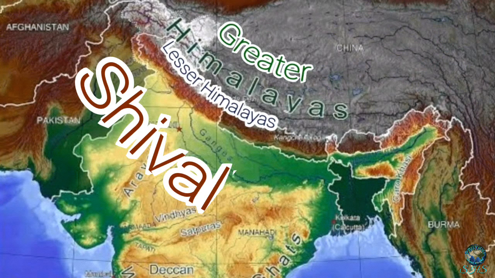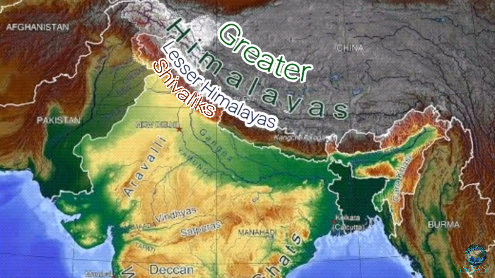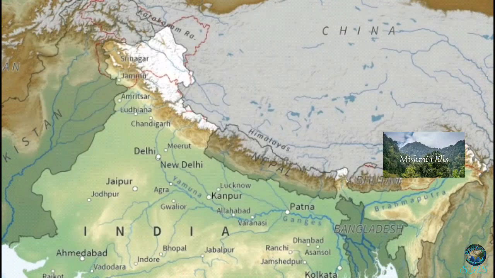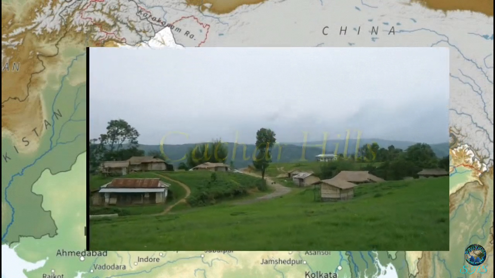Shivaliks, the southernmost range of the Himalayas. Shivaliks extend over a width of 10 to 50 kilometers and have an altitude varying between 900 to 1100 meters. These ranges are called by different names in different regions: Jammu Hills in Jammu region, Mishmi Hills in Arunachal Pradesh, Kachar in Assam.